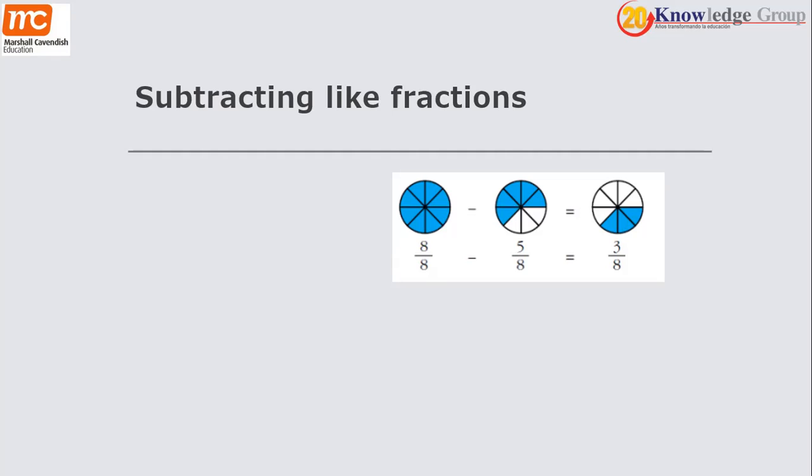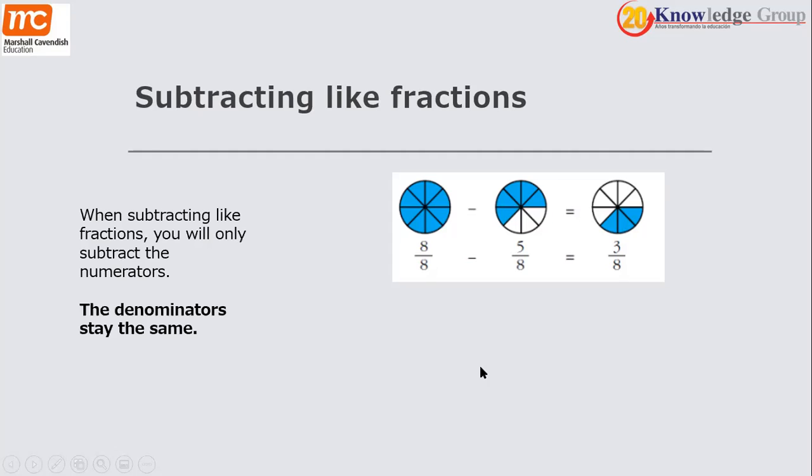And I have to subtract 5 pieces from those 8 pieces I had at the beginning, okay? What is happening here? Yeah, the denominators are the same and they continue to be the same, okay? As we did with the addition, it's the same. The denominators are going to stay the same.